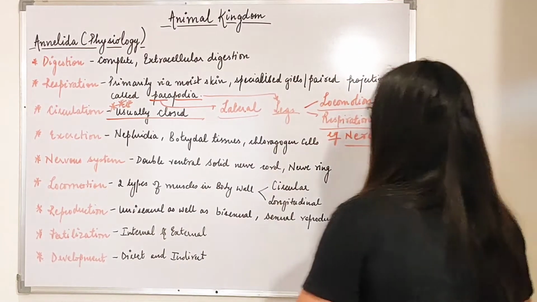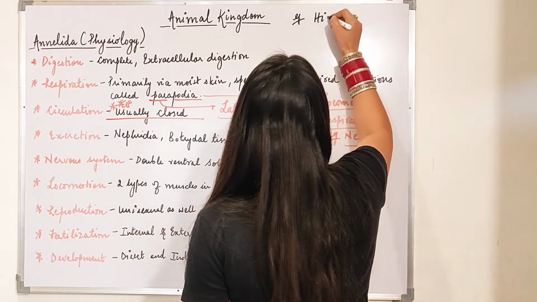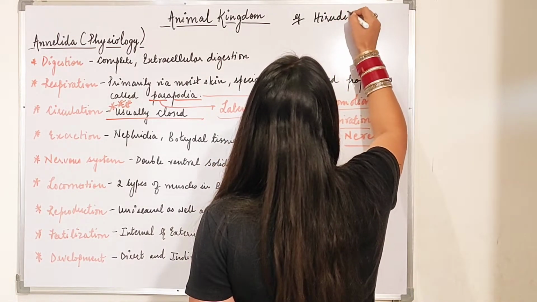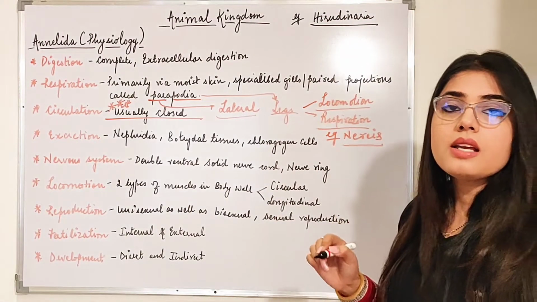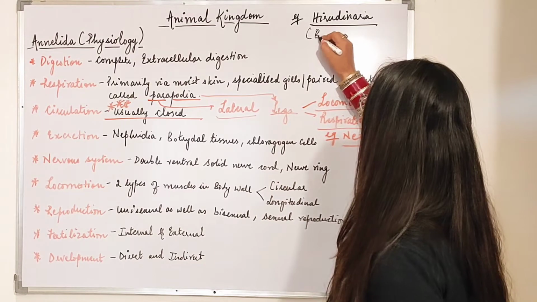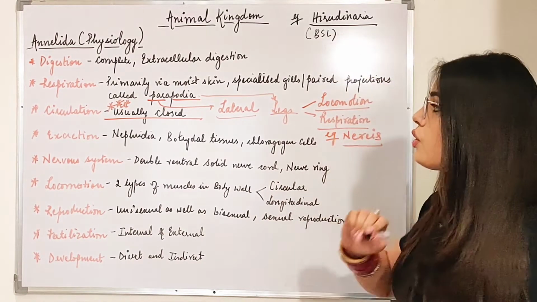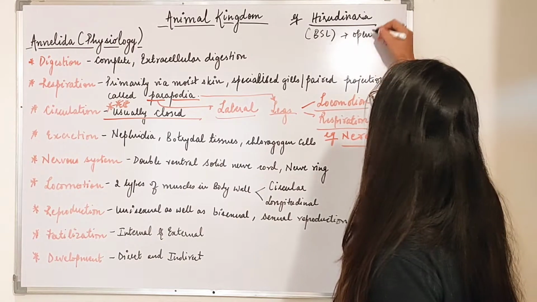What is the exception, beta? The exception is Hirudinaria. What is Hirudinaria? It is a blood sucking leech. Hirudinaria has an open circulatory system.